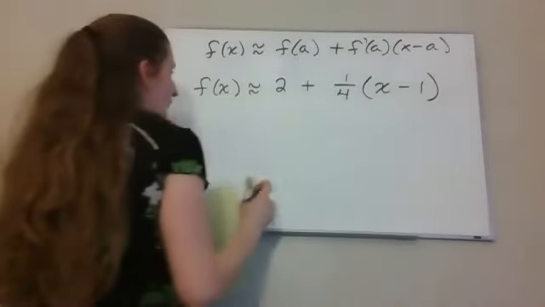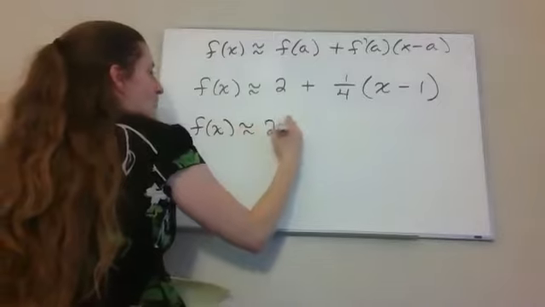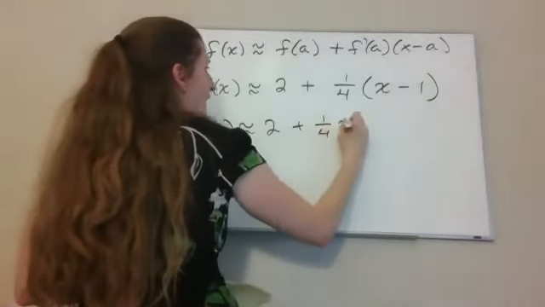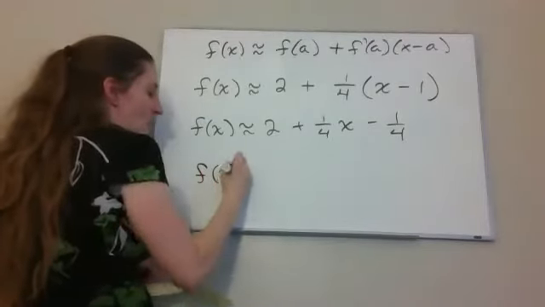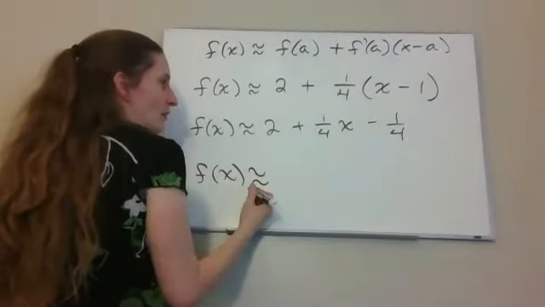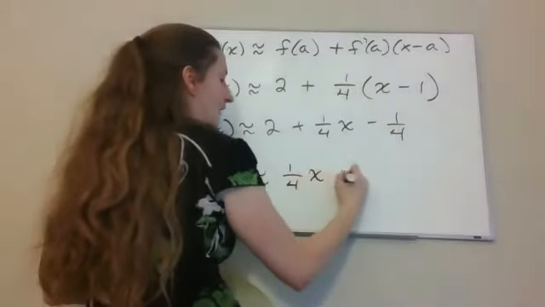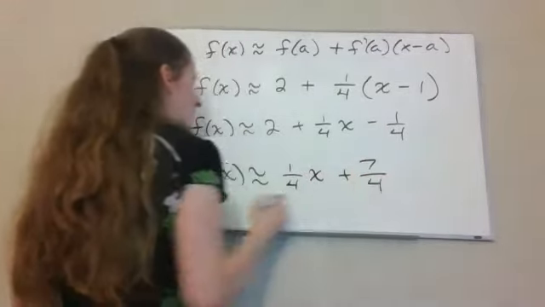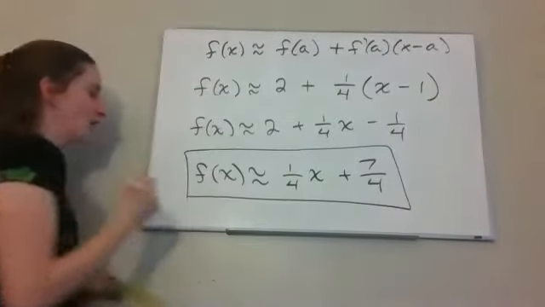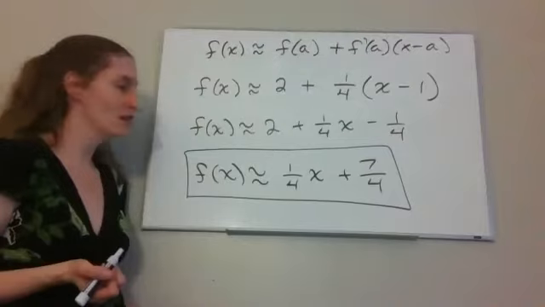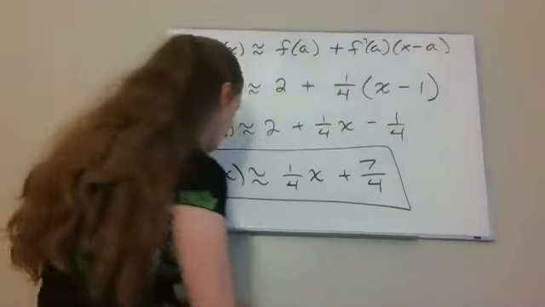I'm going to simplify this. This is 2 plus 1/4 x minus 1/4, or my function is approximately equal to 1/4 x plus 7/4. This is my linearization. So I'm approximating my function with 1/4 x plus 7/4.